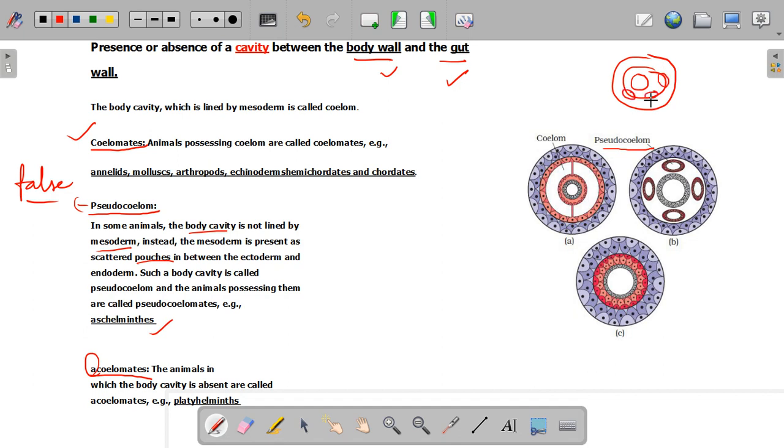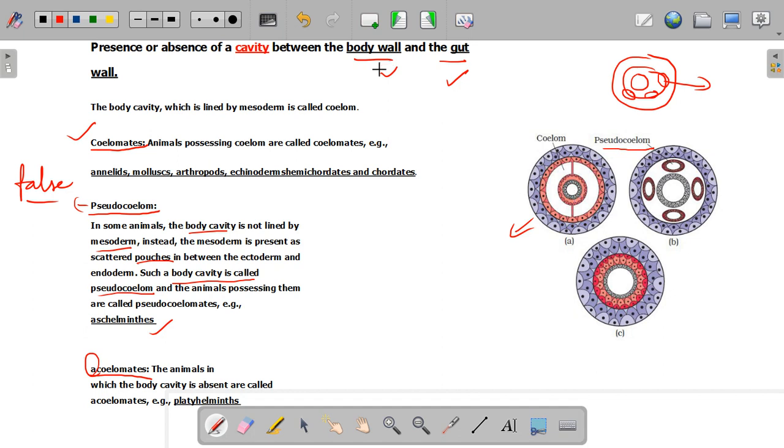Such a body cavity is called pseudocoelom. Whereas these are the coelomate organisms having a genuine true coelom, that means a cavity being present. And there is no cavity present between the body wall and the gut, and that's why we call them acoelomate.